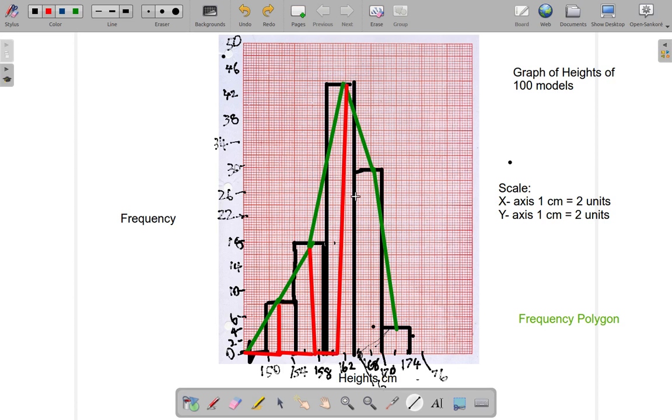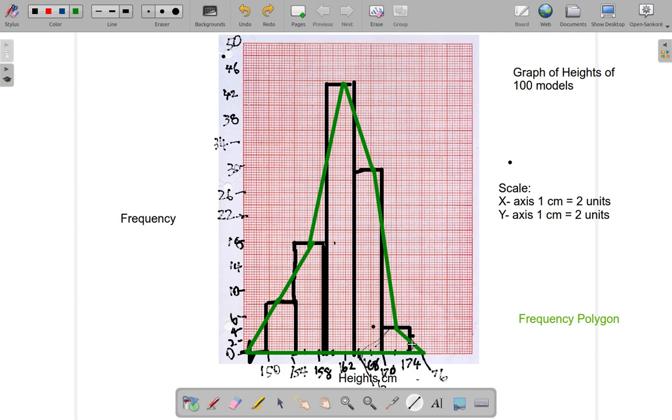So if you line up just below the middle of the bars, going left and right should be the same distances. All right. Now over to the right, you close the polygon on this side by doing the same thing. So what you have is your frequency polygon. Now of course it wouldn't be a polygon unless you close it at the bottom. So you close the polygon now. Nice.